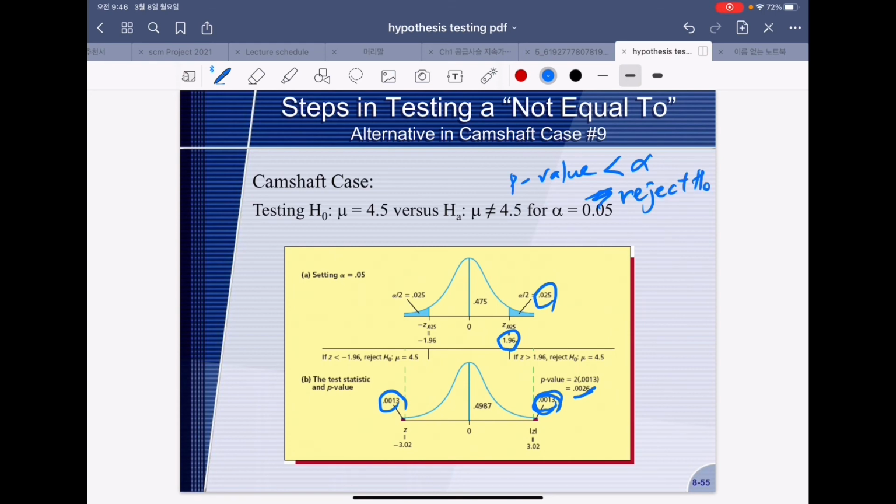So that's the critical thing here, and you should not forget this, right? If the p-value is less than alpha, then you reject the null hypothesis. That means you accept your alternative hypothesis, right? That's good news, right?